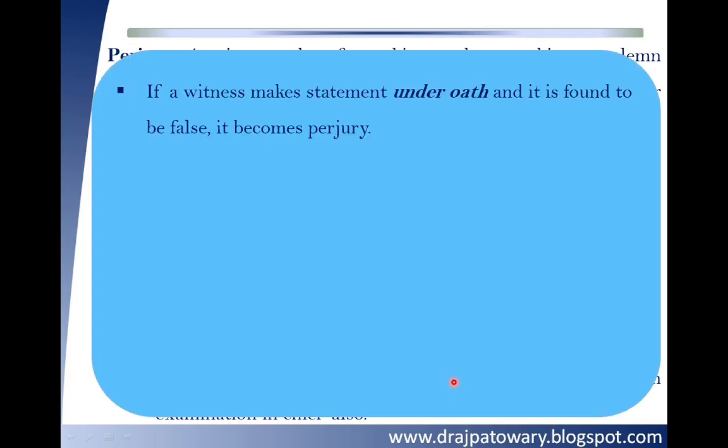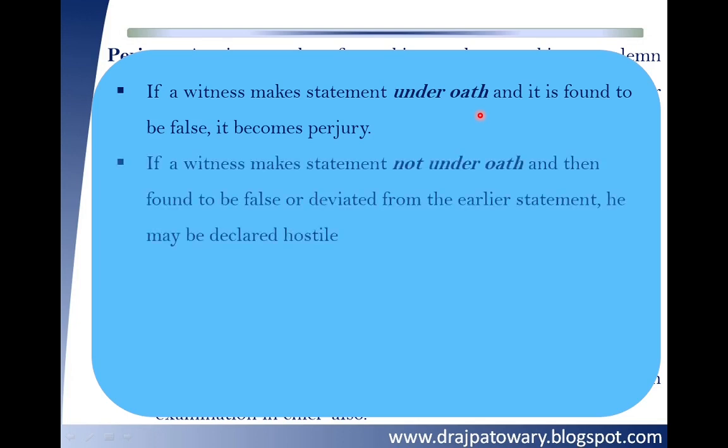Regarding the punishment, as I said, both are basically similar, perjury and the hostile witness. There is no separate punishment provision for a hostile witness. It will be under the perjury section only. If the witness makes a statement under oath and it is found to be false, it becomes perjury.